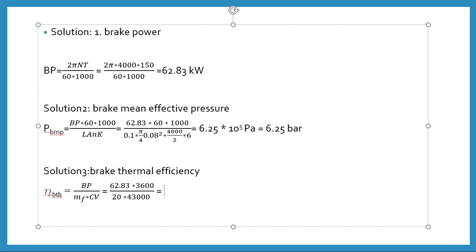Now we calculate this: 62.83 into 3600 divided by 20 into 43000, and the value is 0.263. Now this is equal to 26.3%. So this is the answer of the third problem.